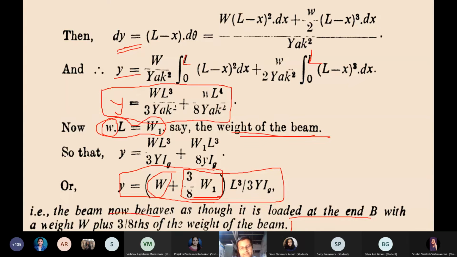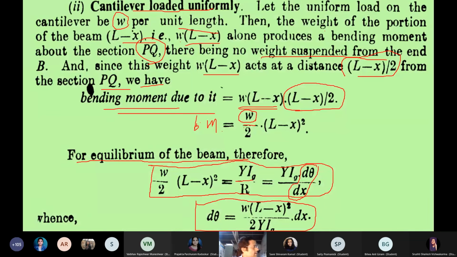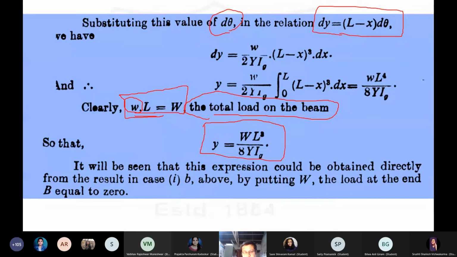In the third case we solved the cantilever which is loaded uniformly, putting all the weight uniformly on the whole length of the cantilever and considering a small portion. With the same analogy, we solved for the bending moment and then calculated the depression produced.